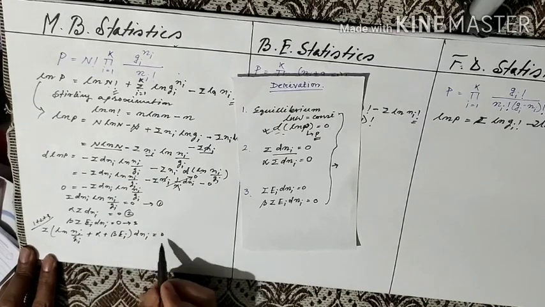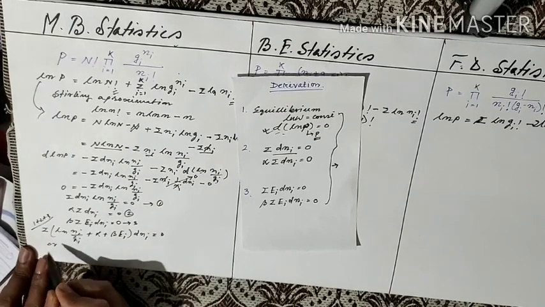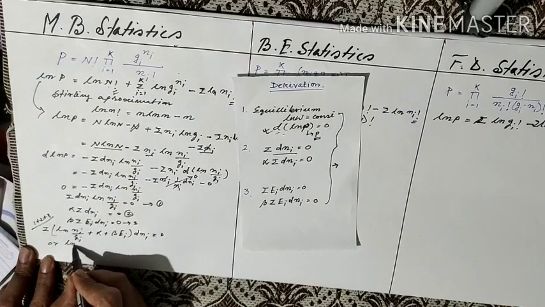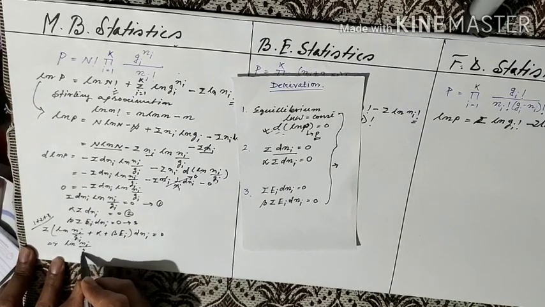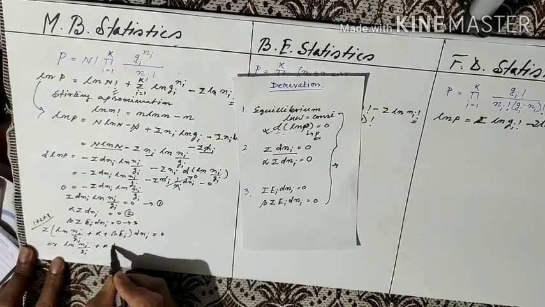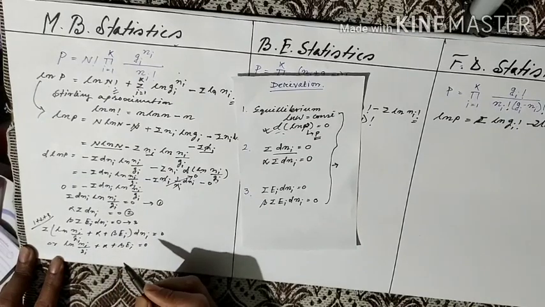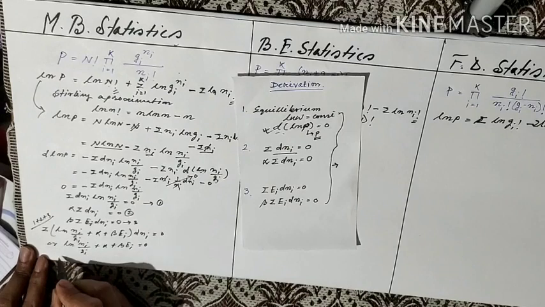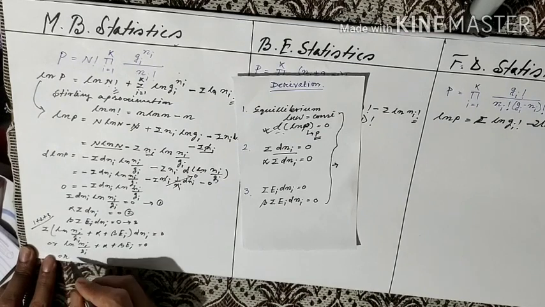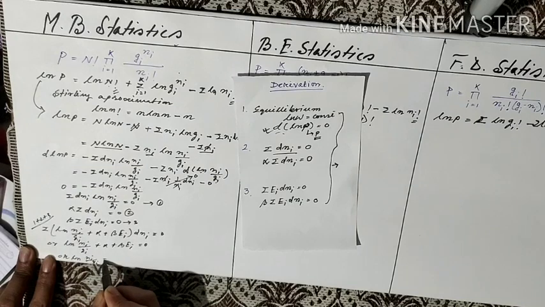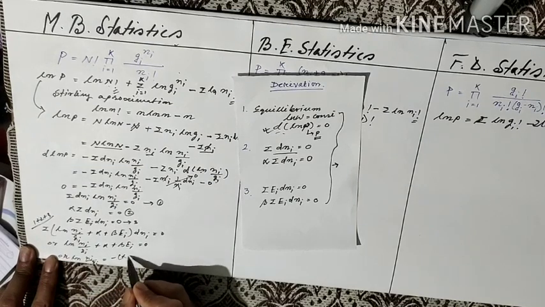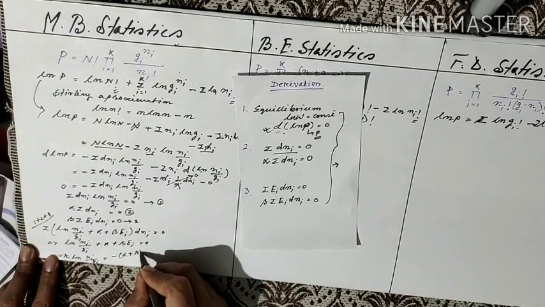Okay, so which implies I can write ln ni by gi plus alpha plus beta ei is equal to 0. Okay, so or ln ni by gi is equal to minus alpha plus beta ei.